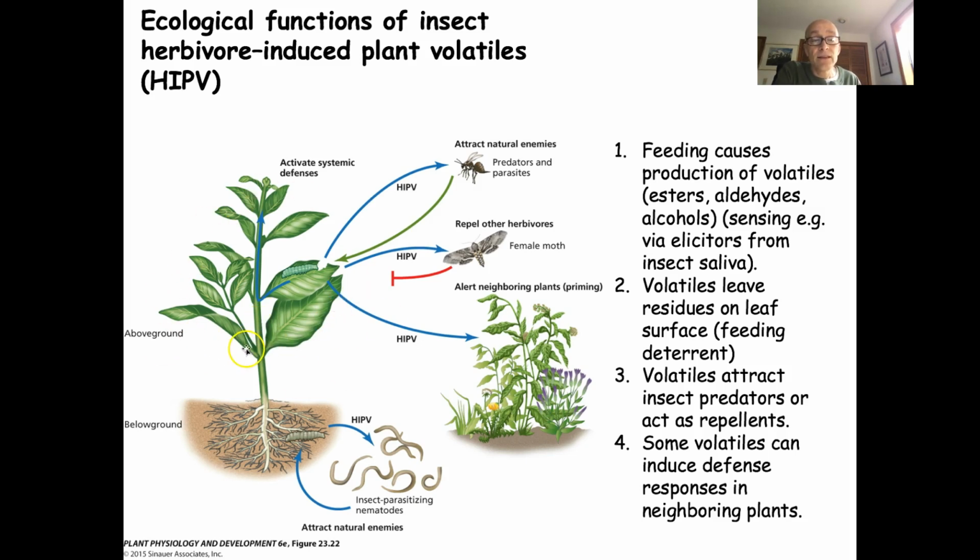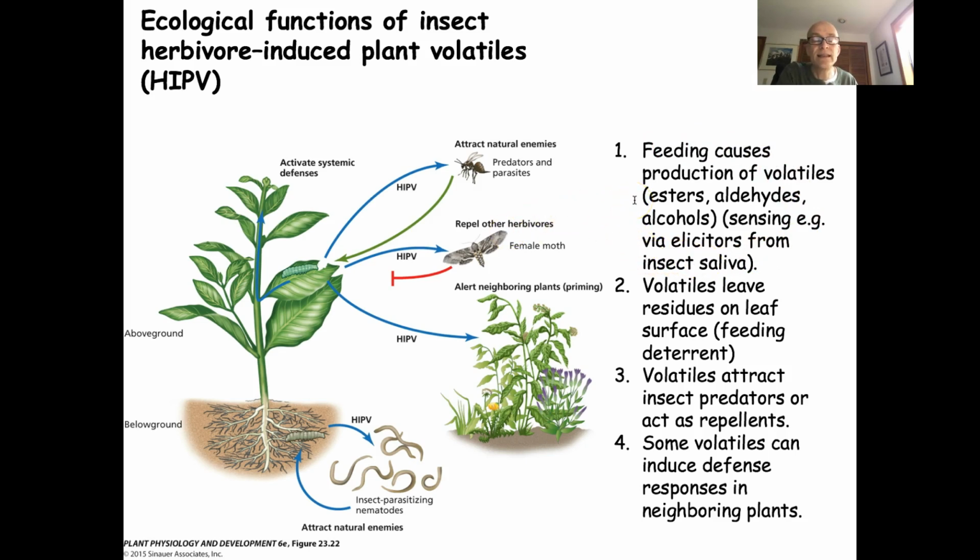So here's a plant, it's being attacked by this herbivore above ground or below ground, and it's now producing these HIPVs, herbivore-induced plant volatiles. So it's an induced response. So what happens then? Feeding causes the production of volatiles.